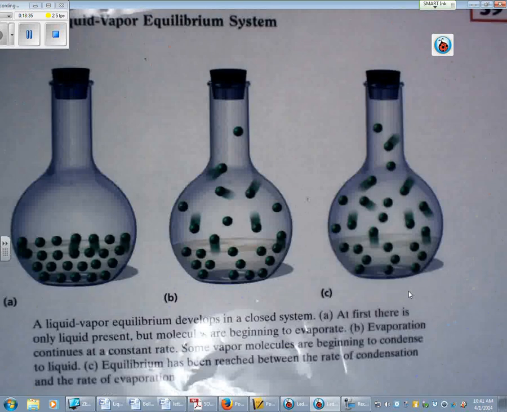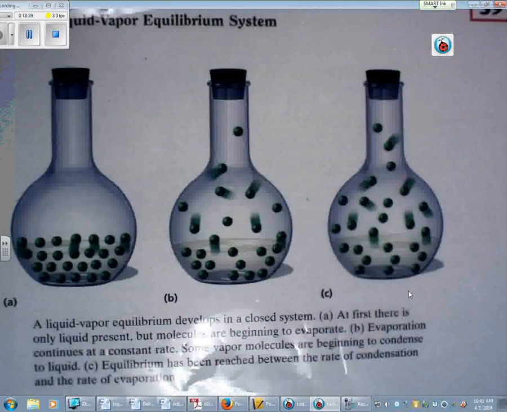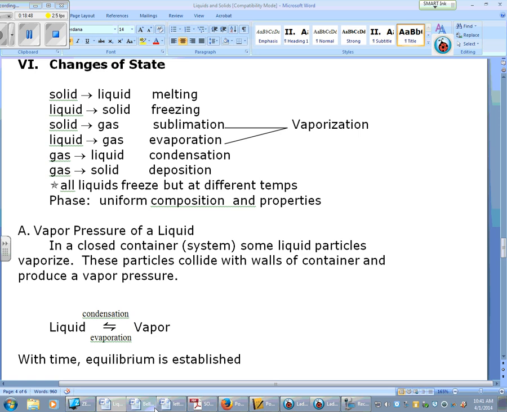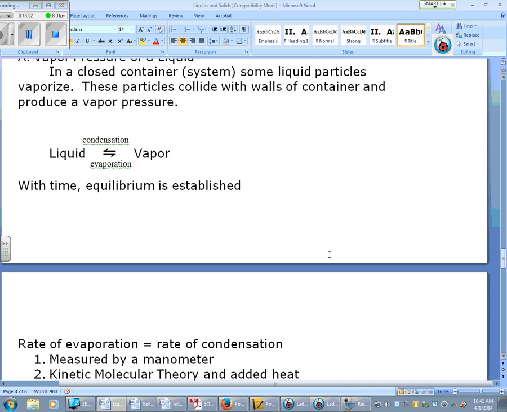And it has to do with how strong their attractive forces are. All right. So that's what's going on in a liquid vapor system, and it is equilibrium. And the way that we talk about that is, a little thing here. It's called equilibrium.